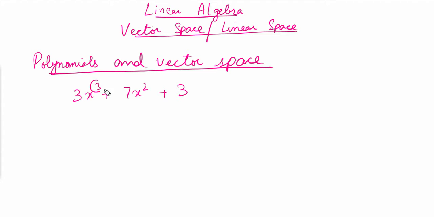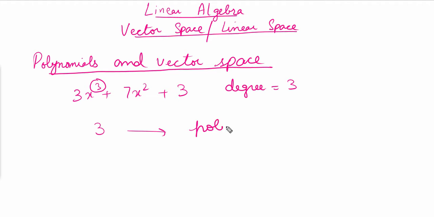In this one, the highest exponent is 3, so the degree of this polynomial is equal to 3. If we have to write down a polynomial with 0 degree, it will be just a constant. So if we write 3, it is a polynomial with 0 degree, by the way.